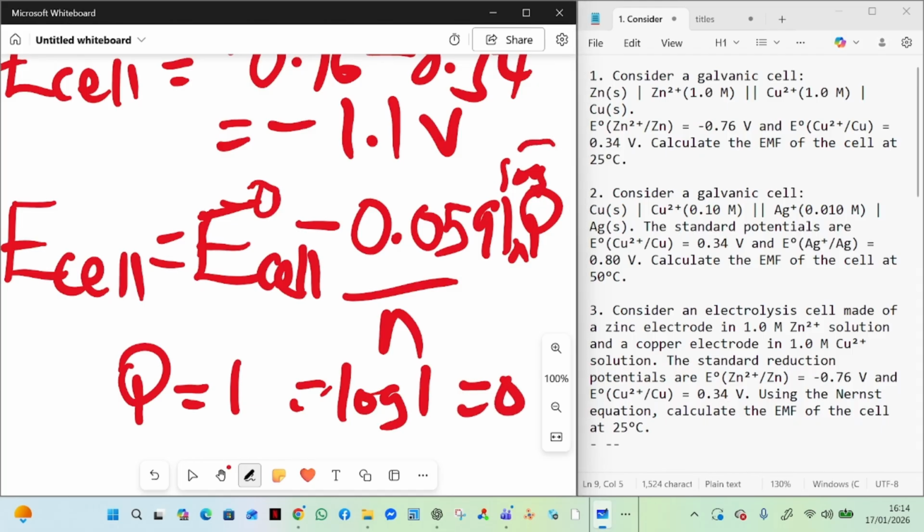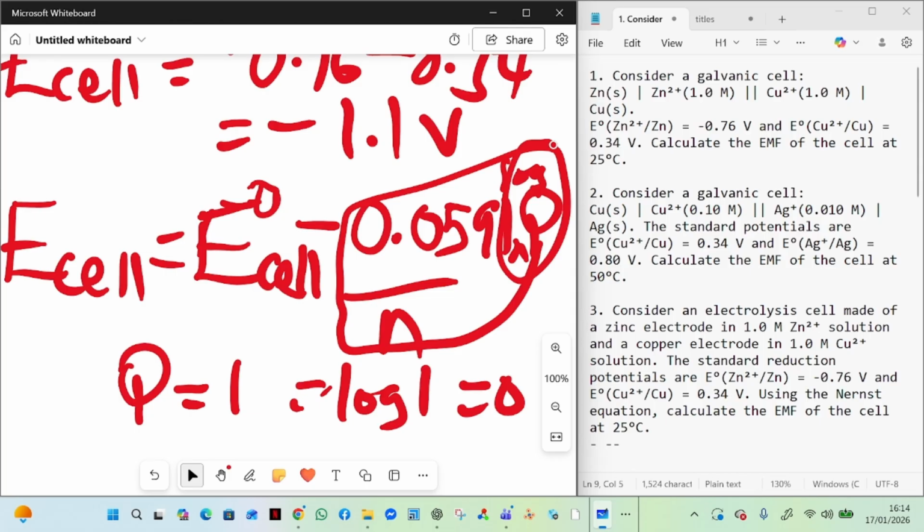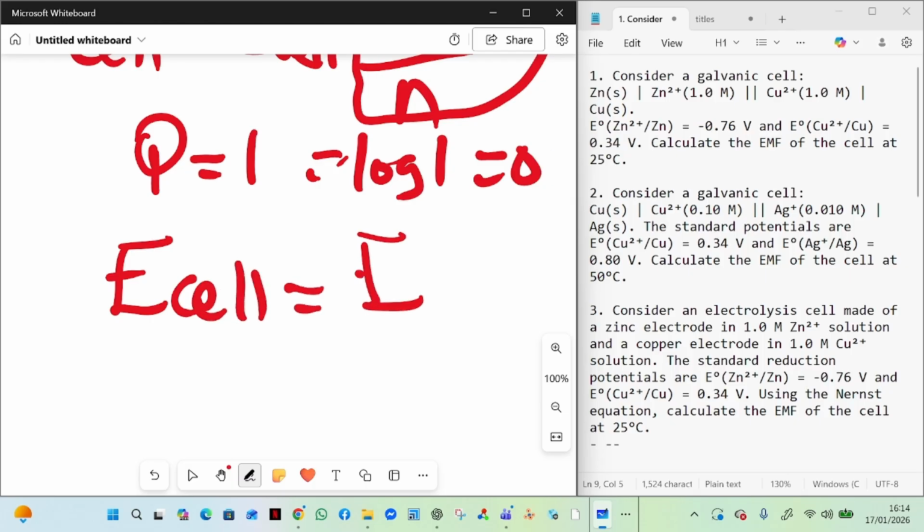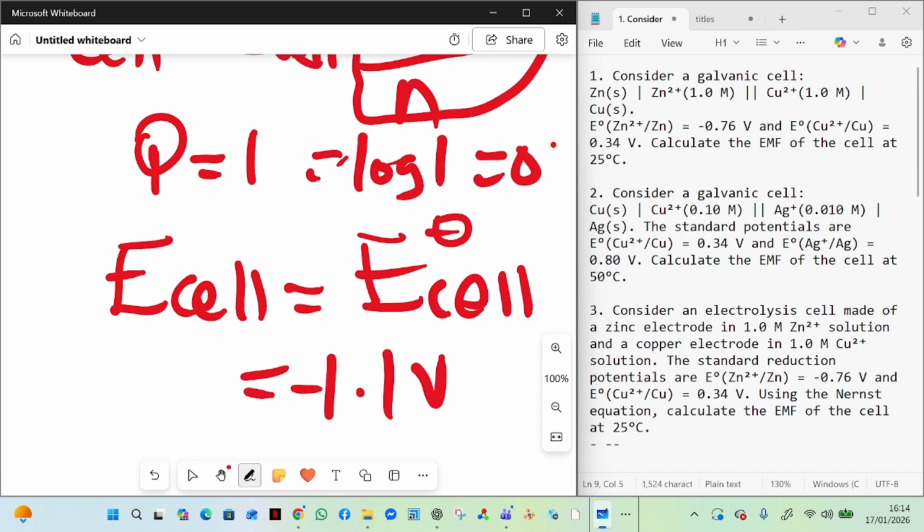So this whole portion is 0, multiplied by this gives us another 0. And we see that the E cell should be equal to E cell naught, which is equal to minus 1.1 volts.